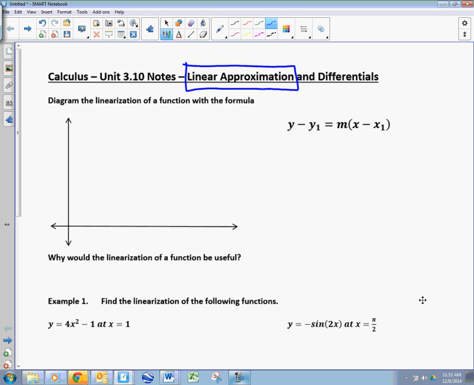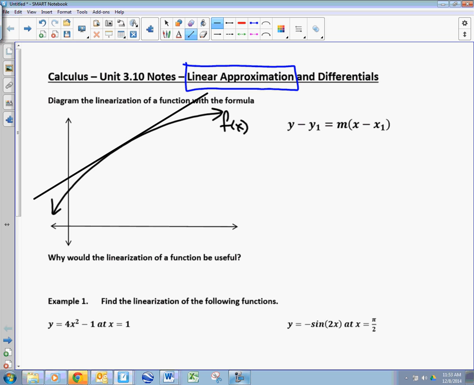Linear approximation. Suppose we have a curve, and we'll call it f of x. And I'm going to draw a line tangent to that curve. So this is y equals f of x. We'll call this y equals L of x, meaning the linear approximation.